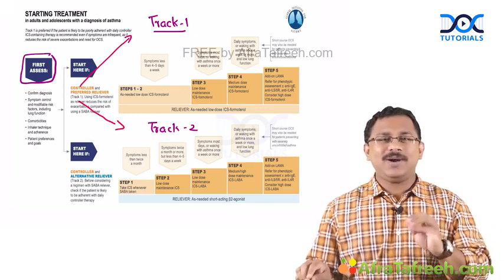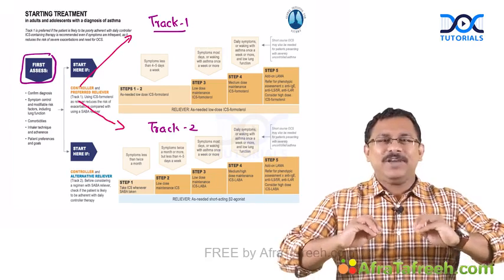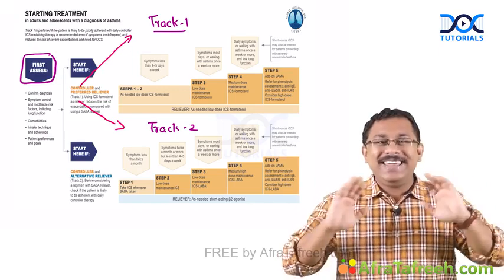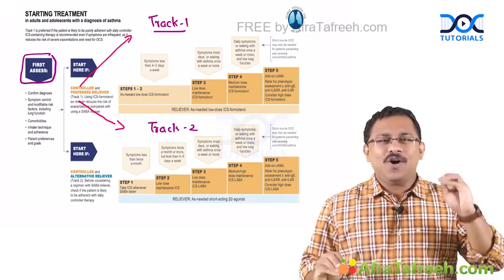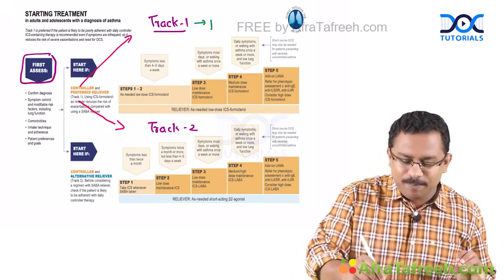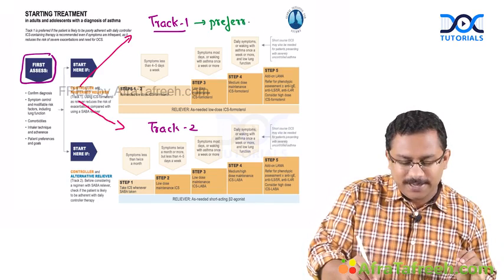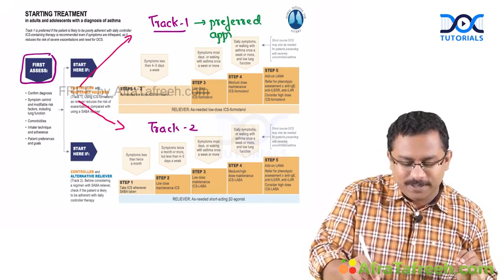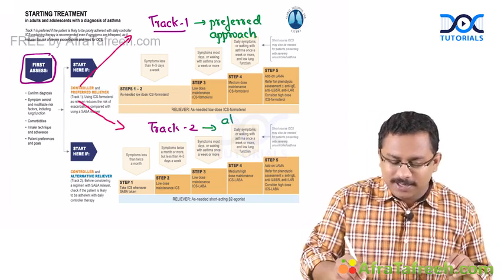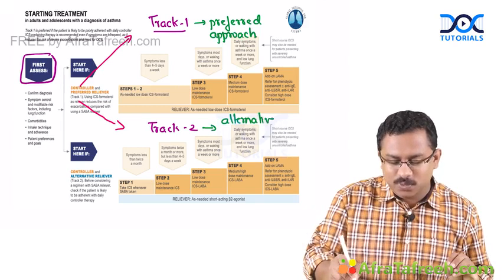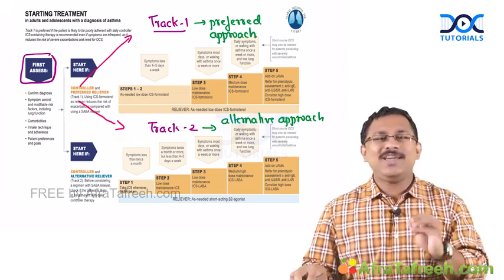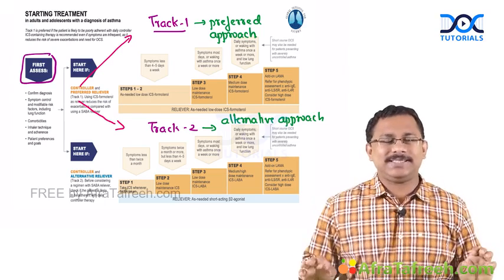Now, next point you have got to understand. Is it like when you have a patient with bronchial asthma, you can go for either of these tracks with equal preference? No. Always, the track 1 is the preferred approach. This is always the preferred approach, whereas track 2 is only an alternative approach, by which I mean it is only used in certain exceptional circumstances.